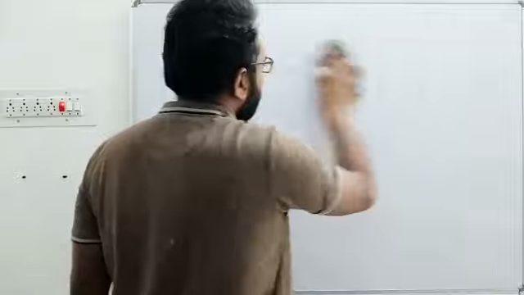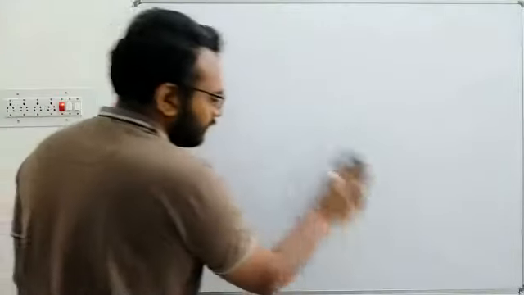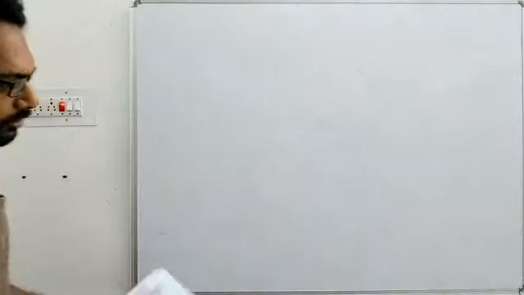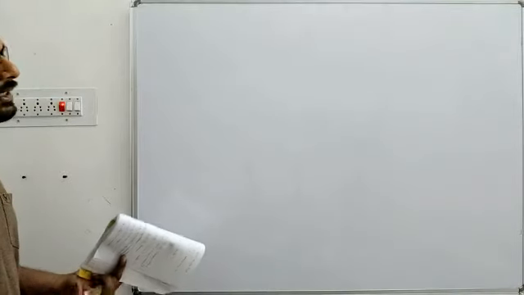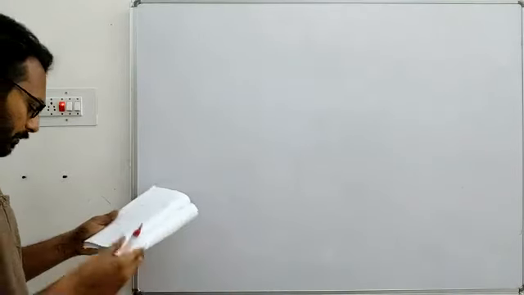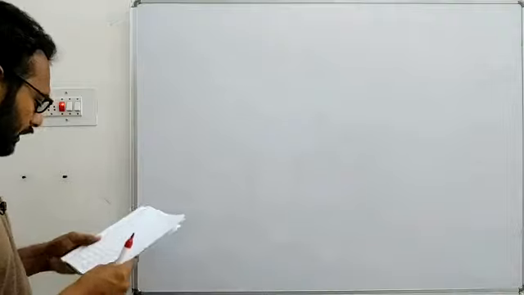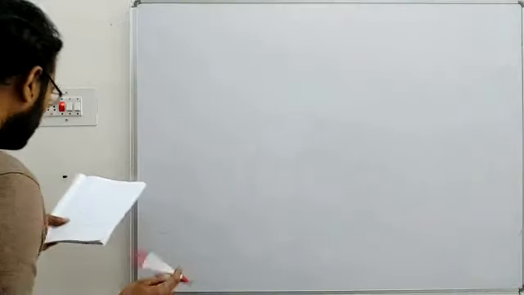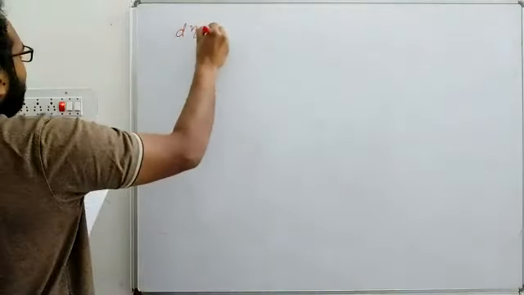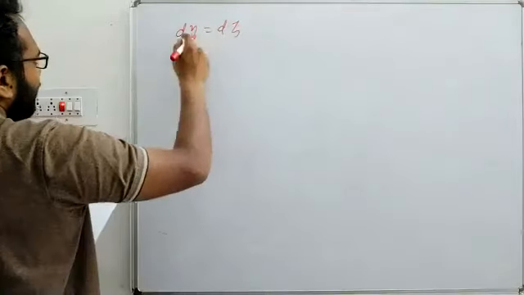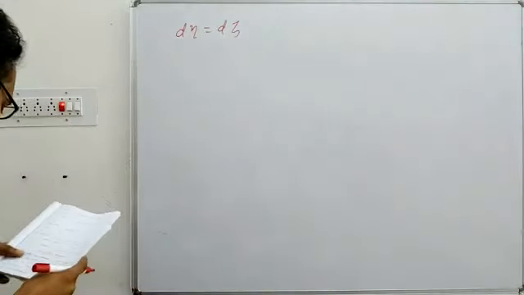If you take a small volume in phase space, just by making a canonical transformation, you cannot change the volume. So generally, you can say that dη equals dζ, where eta is a set of any coordinates.